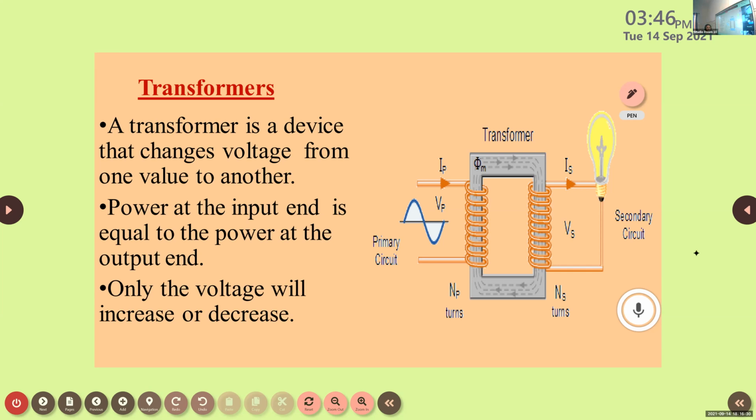That means it is used to either increase or decrease the value of voltage.